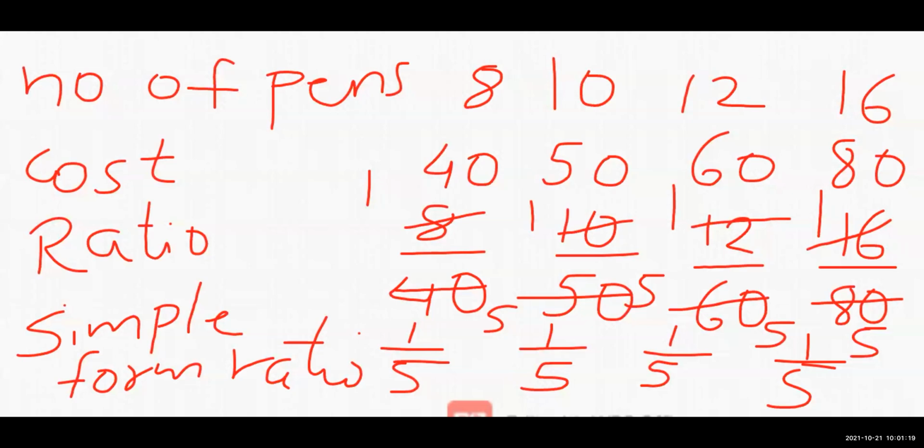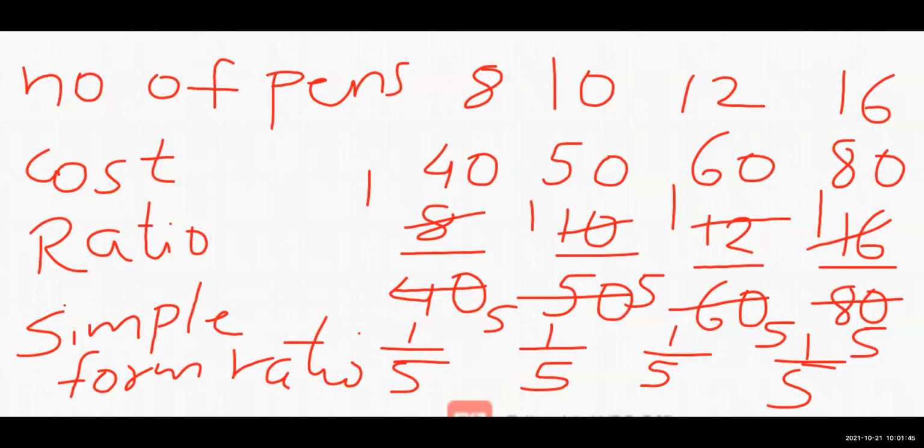Because we know that whenever one thing is increasing, the other quantity also increases, and when the quantities are decreasing, the other quantity will also decrease. But in this sum we see it is increasing only. So when we find the ratio, we get the same ratio of 1/5 everywhere. That is called constant.